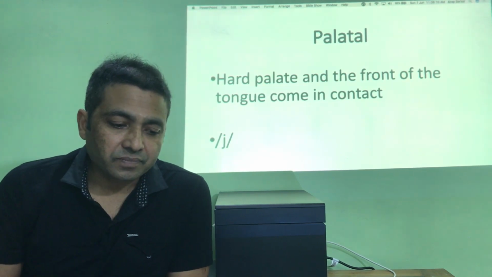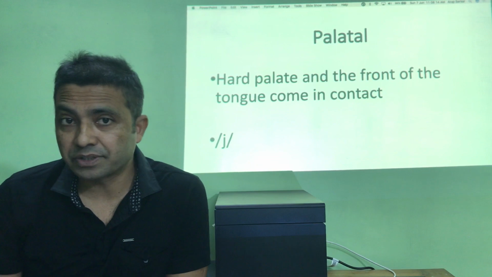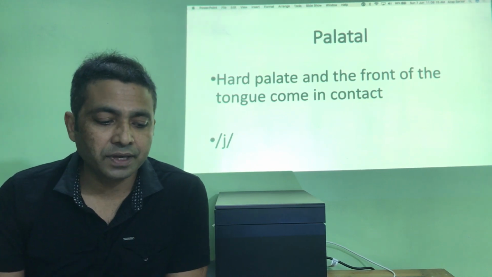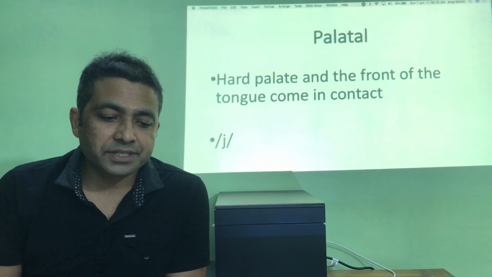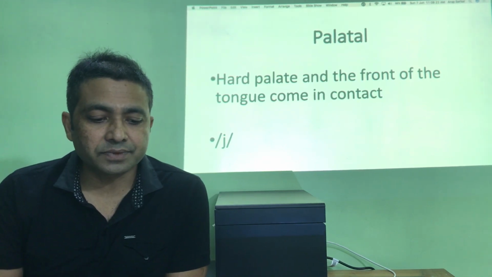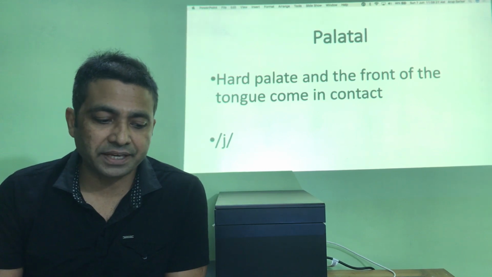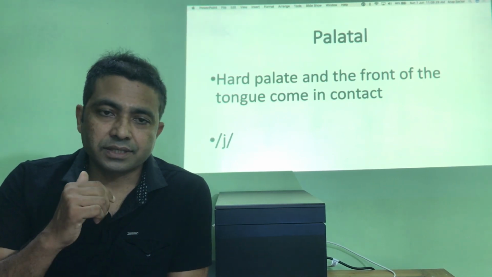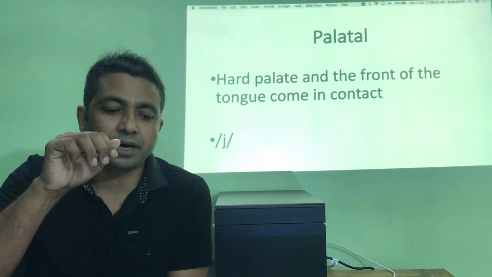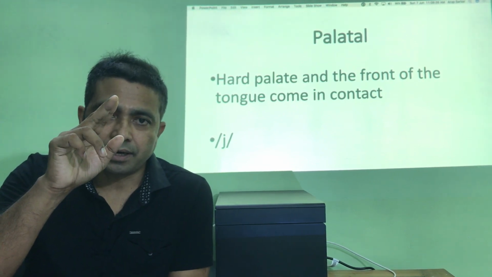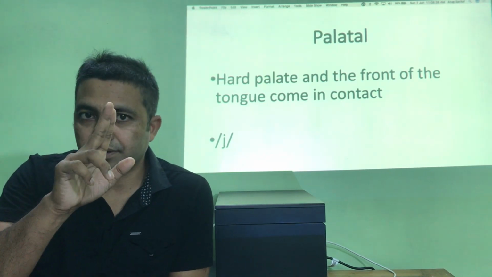Palatal. The y sound is the palatal. This is not J, remember. I'm not talking about the alphabets. This is the phoneme, pronounced as y. It is called palatal because the hard palate plays the most important part. The tongue does not touch, but it reaches the hard palate from back to front in a quick movement.